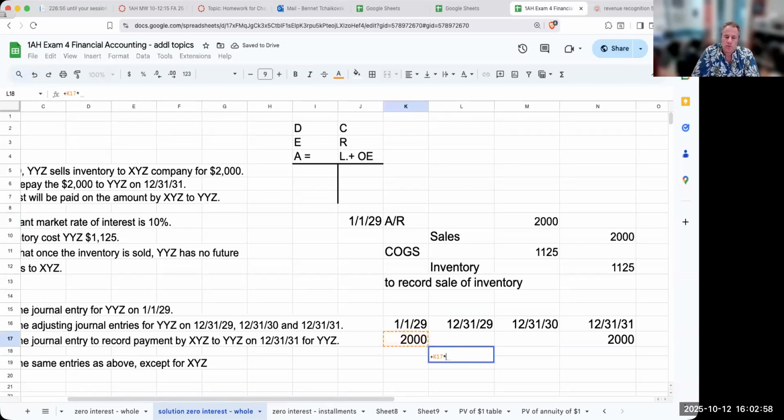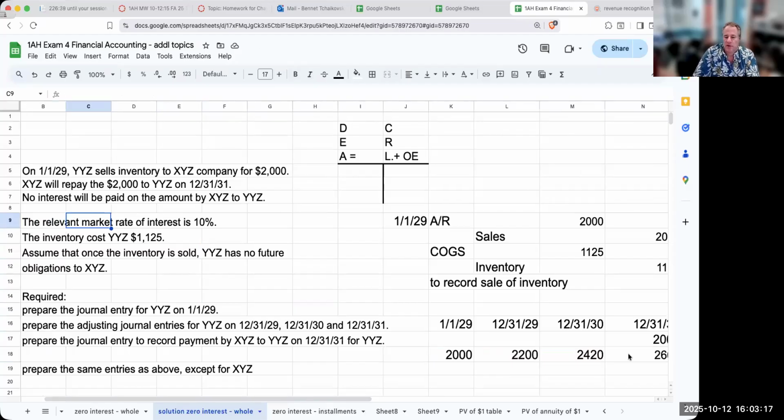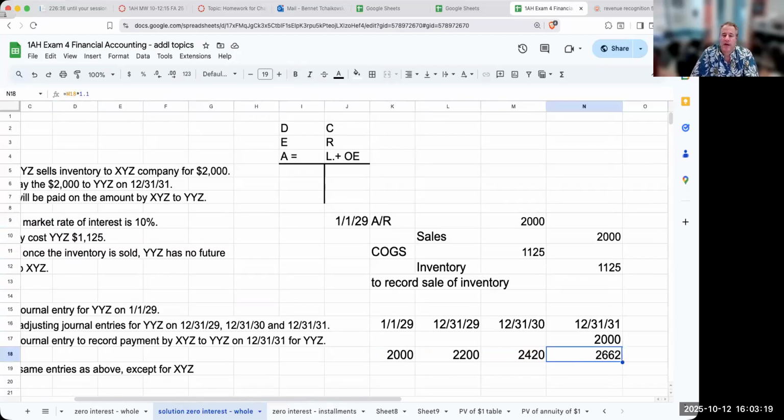Well, this would grow to 2,200. Then this would grow again if I was able to earn interest on interest, and this would grow again to over here. So $2,000 today at a 10% interest rate would essentially get me to this new value.